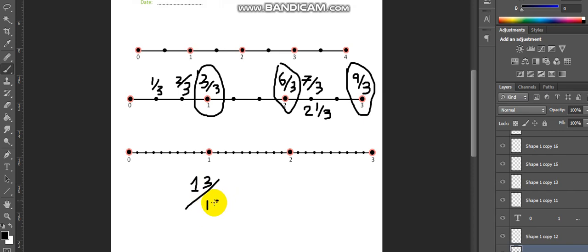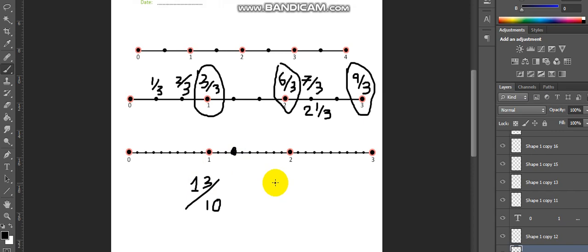Place it on the number line. Well, it's very simple, really. You just go 1, 2, 3, 4, 5, 6, 7, 8, 9, 10, 11, 12, 13. So here, this is 13 tenths. I would just place it here.